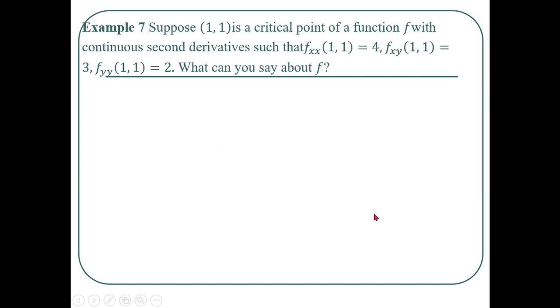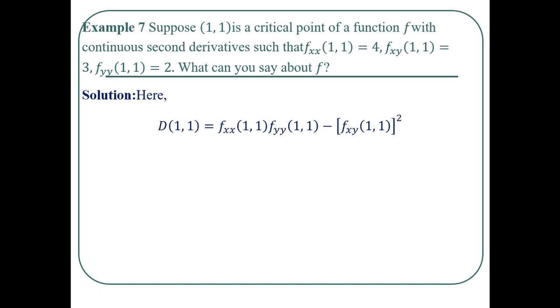Next example, suppose 1 is a critical point of a function f with continuous second derivatives such that f_xx at 1 is equal to 4, f_xy at 1 is equal to 3, f_yy at 1 is equal to 2. What can you say about f? This is the same as the previous problem, so again we use the second derivative test, and find D at 1 using the same formula, f_xx at 1 into f_yy at 1 minus (f_xy at 1) square.